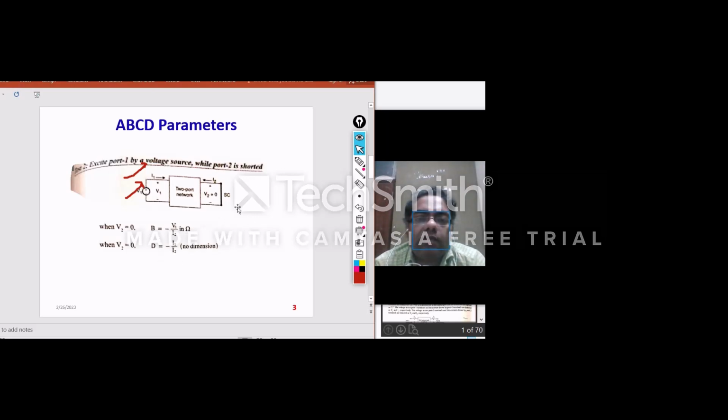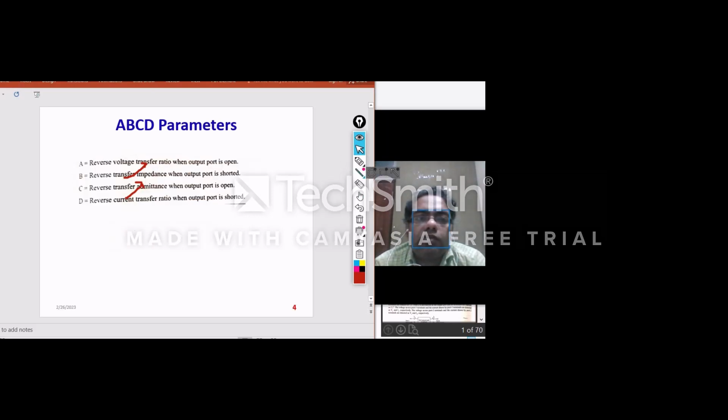So in this way we can obtain the ABCD parameters, and that is how they are defined. A we define as reverse voltage transfer ratio, B is reverse transfer impedance, C is reverse transfer admittance, and D is reverse current transfer, depending upon how we are doing it.